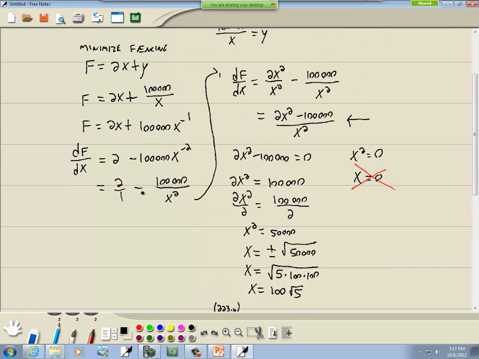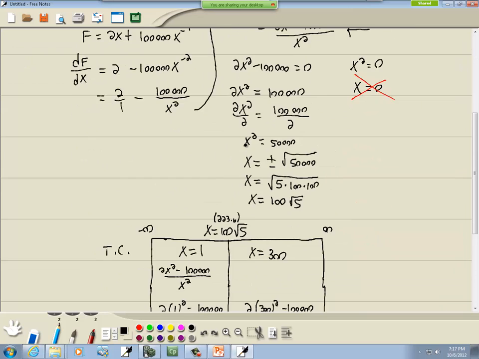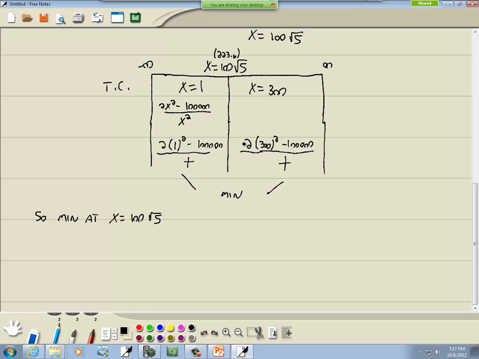Let's see what our y is. Somewhere up here we have some kind of formula that probably ties, there it is. This one right here. y is equal to 100,000 over x. Actually, let me write that out. So we got 100,000 over 100 square root of 5.